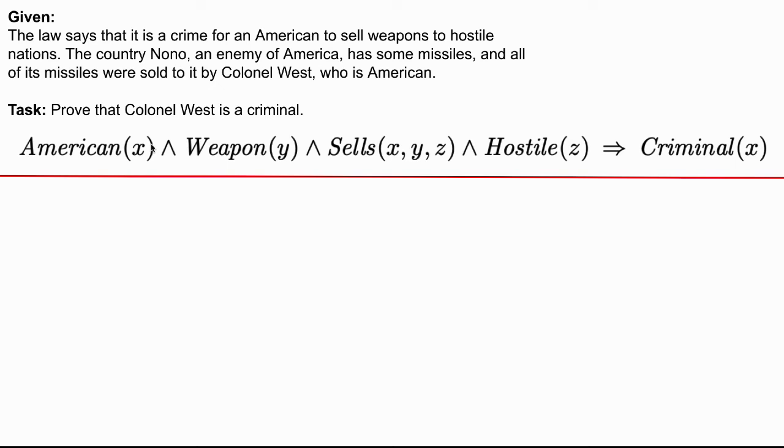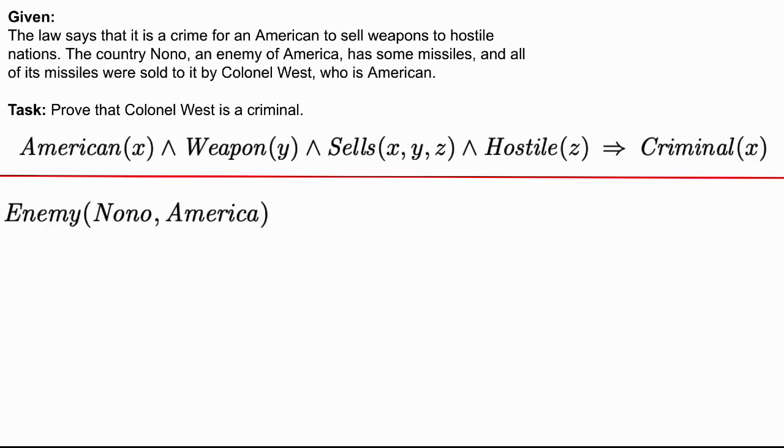This is what the first line says. The law says that it is a crime for an American X to sell a weapon Y to hostile nations, hostile Z, and a crime means that X is a criminal. Now using the second sentence and this law, we need to infer that Colonel West is a criminal.